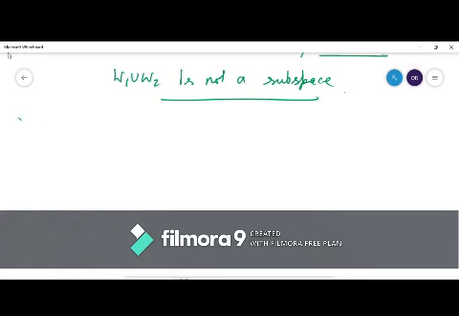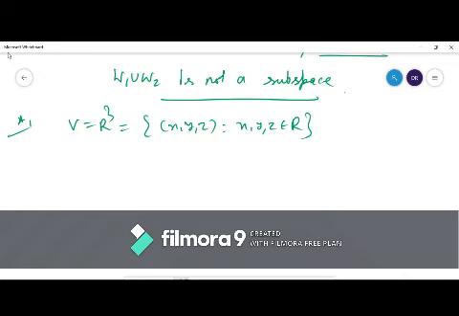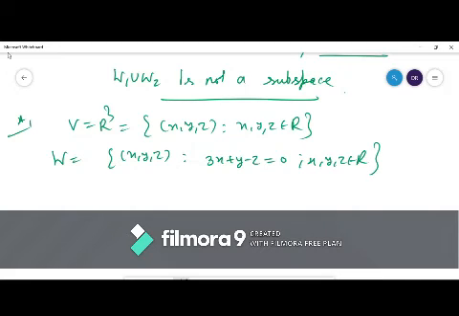First example: let V be equal to R cube, that is (x, y, z), where x, y, z belong to R, and W is the set of (x, y, z) where 3x plus y minus z is equal to 0, and x, y, z are real numbers. Check whether this W is a subspace or not.